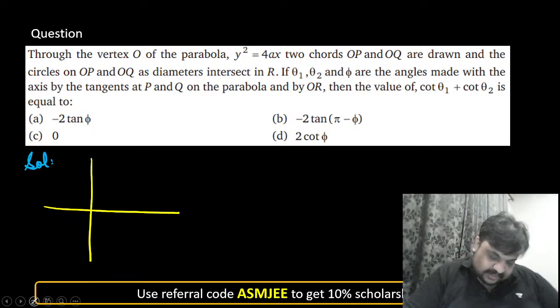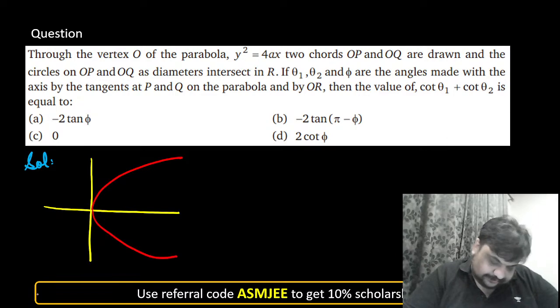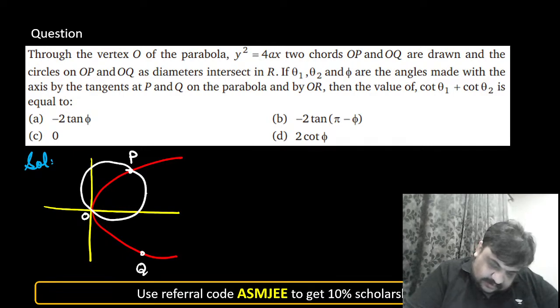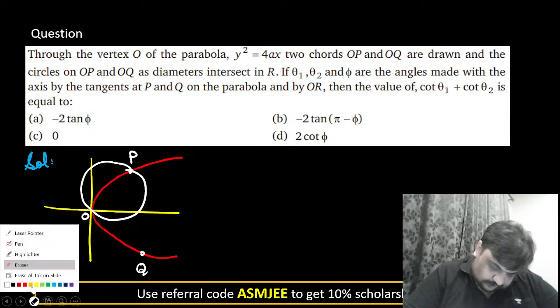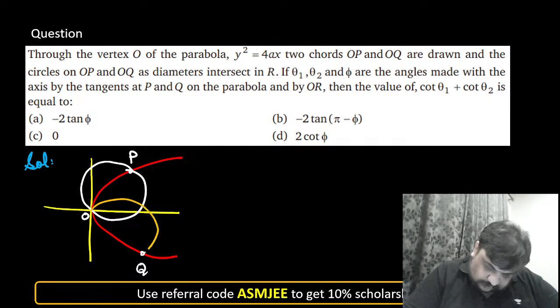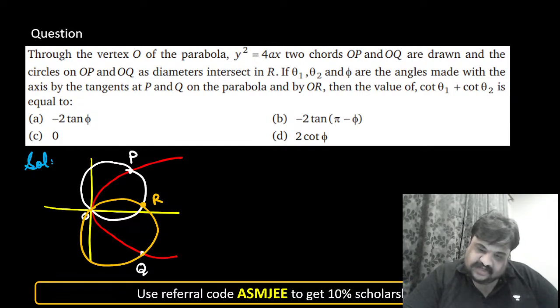Now see class, what is happening here? There are two chords OP and OQ, and circles on OP and OQ as diameter intersect in R. If theta 1 and theta 2, and phi, are the angles made with the axis by the tangents at P and Q on the parabola.